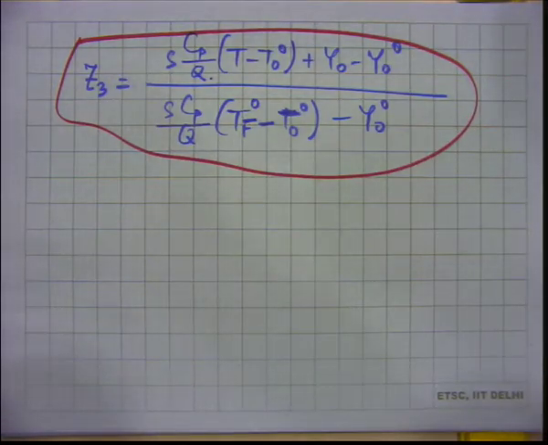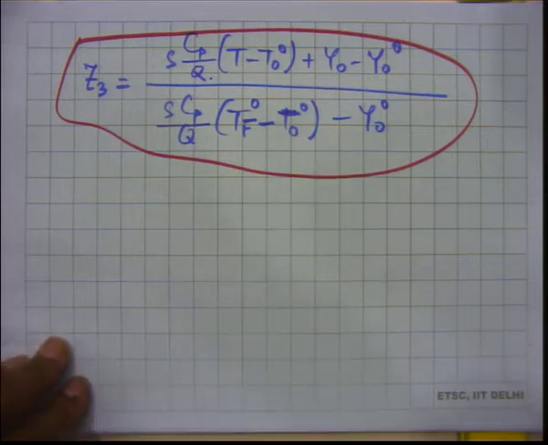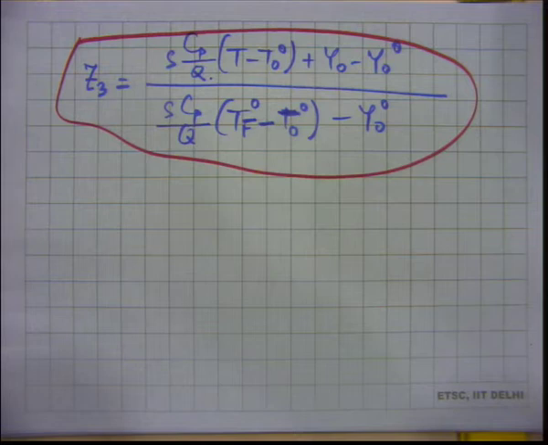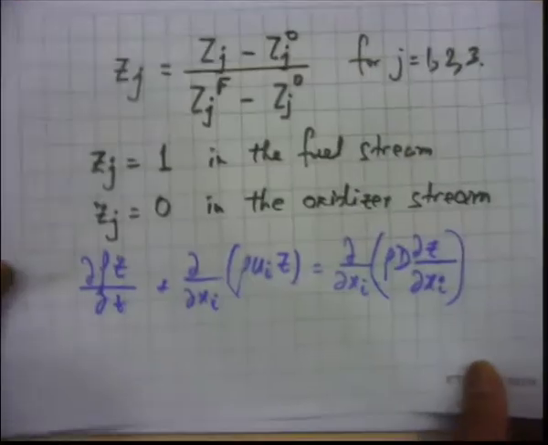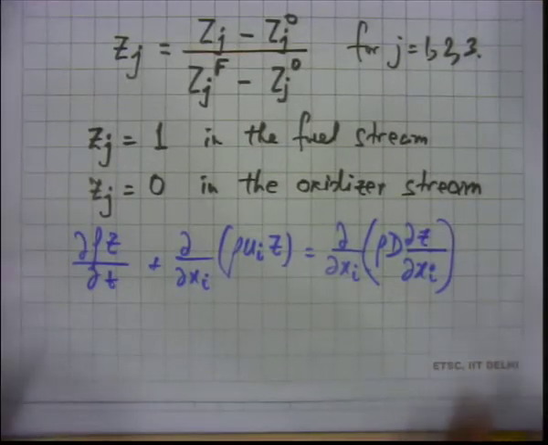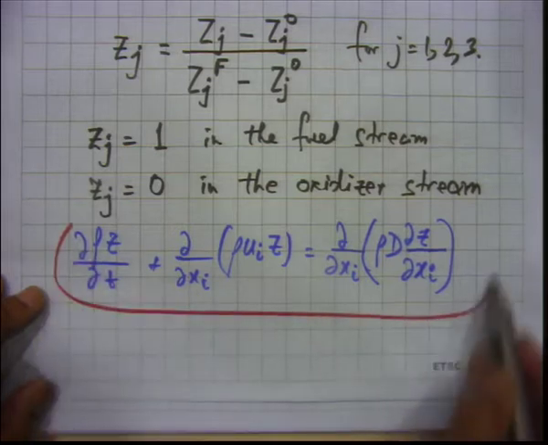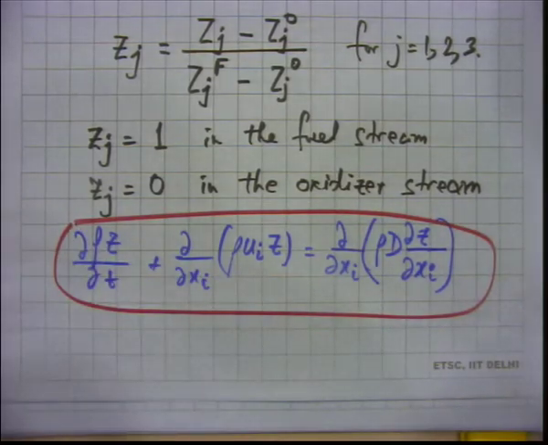In any case, I am encouraging you to work these expressions out yourself. I have done that myself and am just directly writing the final expression. If I make a mistake, then you should not be just blindly following that. So please derive it yourself. So we have got Z1, Z2, Z3. Now, what does Z satisfy? Going back to this, it satisfies a convection diffusion equation, which does not have a source term.